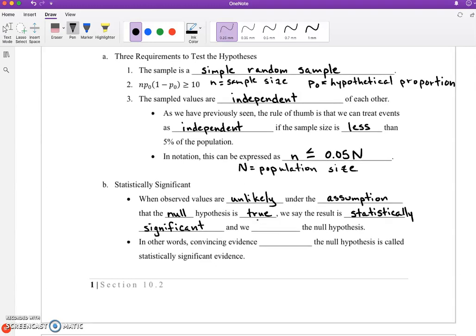And then we reject the null hypothesis. In other words, convincing evidence against the null hypothesis is statistically significant evidence.